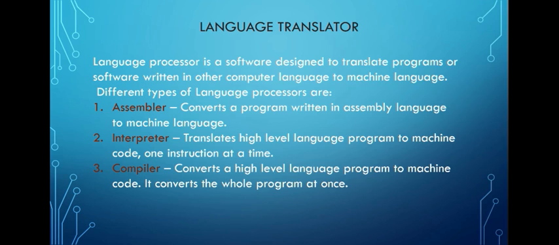But it is much faster than interpreter because it converts the whole program at once, even if there are 10, 20, 30 instructions in that program. So the compiler converts the whole program at once, but the interpreter converts only one instruction at a time.